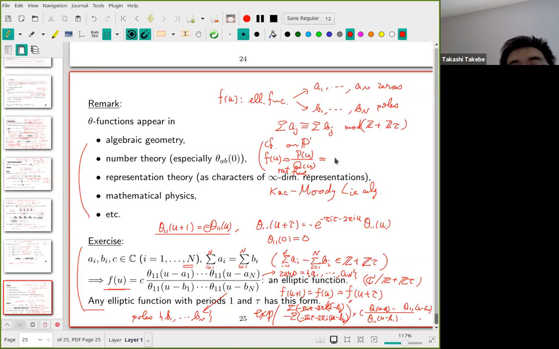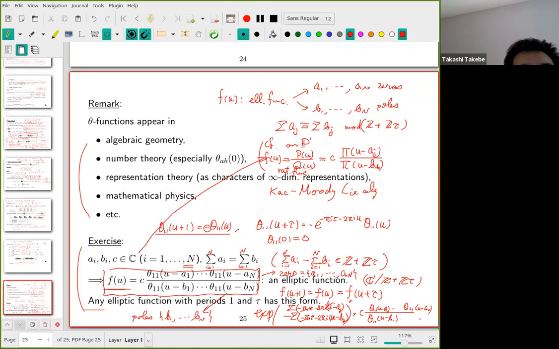And we know that we can decompose polynomials into products of linear polynomials. And this expression of the elliptic function is an analog of this expression of a rational function. Okay.